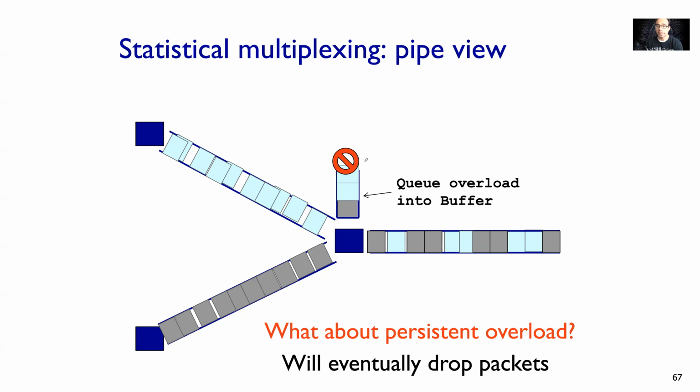And so eventually packets will start getting dropped. So yes, if there is persistent overload, we have a problem, and we'll explore how this can still be dealt with a little later when we look at TCP.